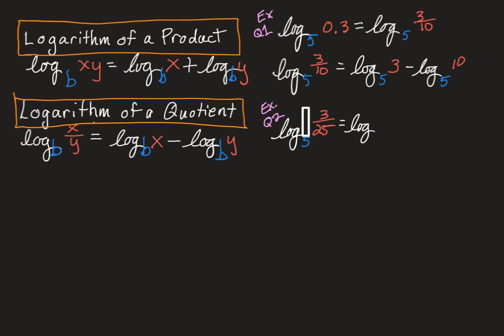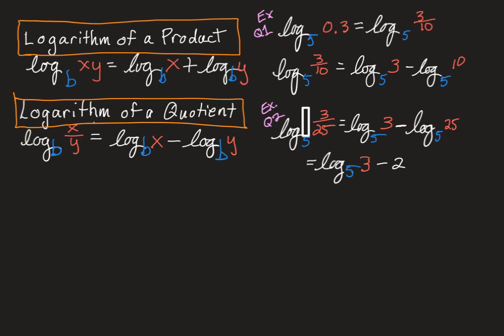Log base 5 of 3 minus log base 5 of 25. That's a bit more interesting, because although we cannot do anything with this log base 5 of 3, we can evaluate the log base 5 of 25. What is the exponent that you can use with the base of 5 to get 25? The answer is 2, because 5 squared is 25.